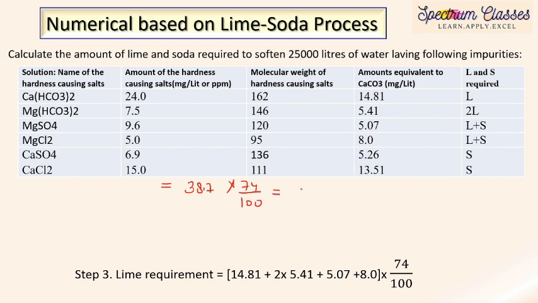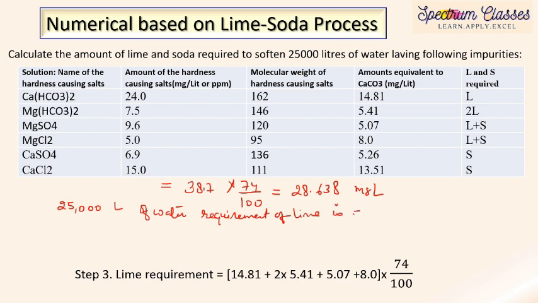This will give us 28.638 milligrams per liter, and for 25,000 liters of water, the requirement of lime is equal to 25,000 into 28.638 milligrams.